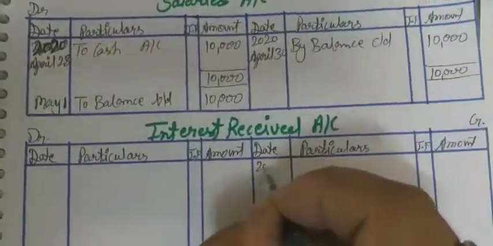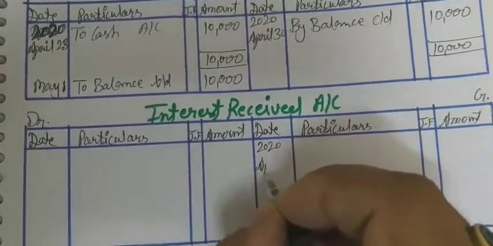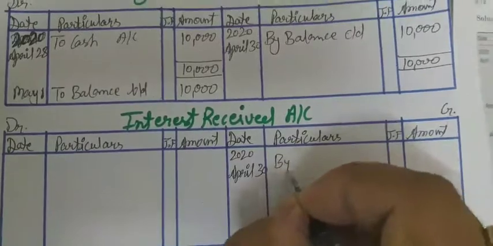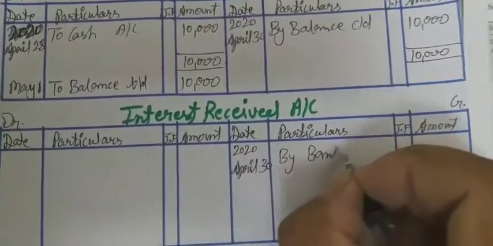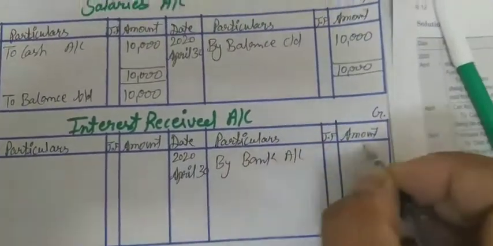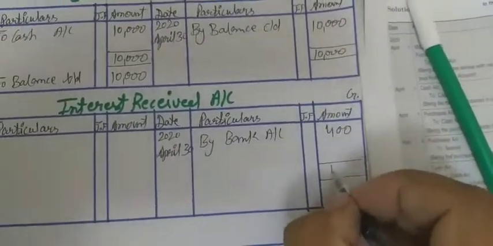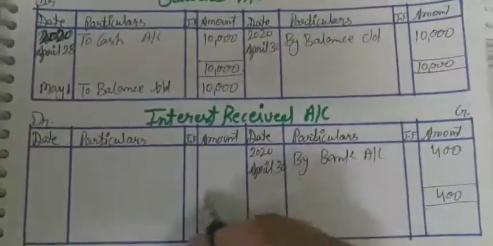So 2020 April 30, by bank account, amount 400, and no other transaction is there related to interest received.